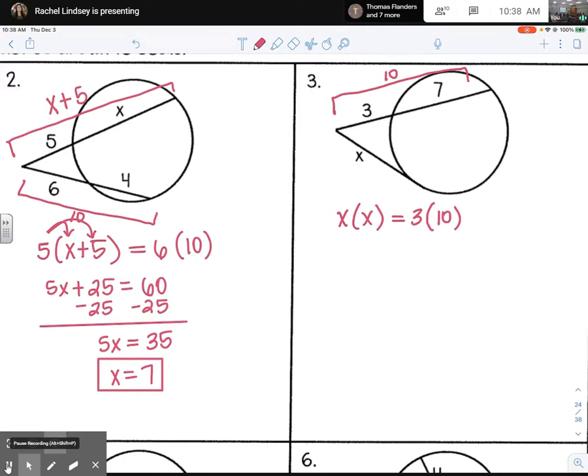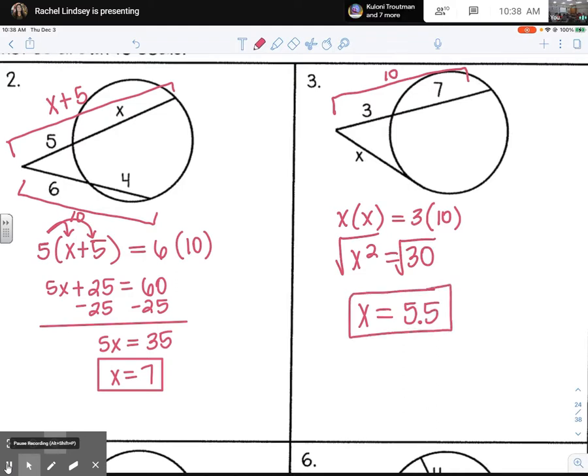X times x is x squared. 3 times 10 is 30. Square root it. What does x equal? Oh, wait, no. 5.5. What? How? When you square root 30. Nine and 27 don't equal 30.